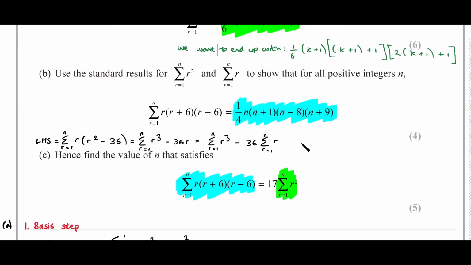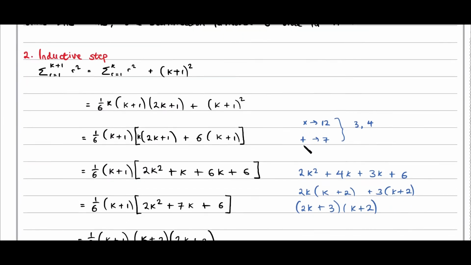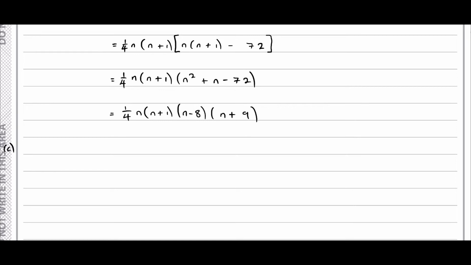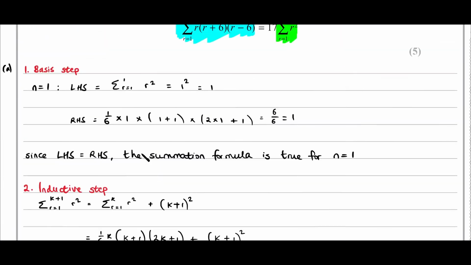So using all that information, we have 1/4 lots of n plus 1 lots of n minus 8 lots of n plus 9. Okay, so that was the bit that we highlighted in the blue.